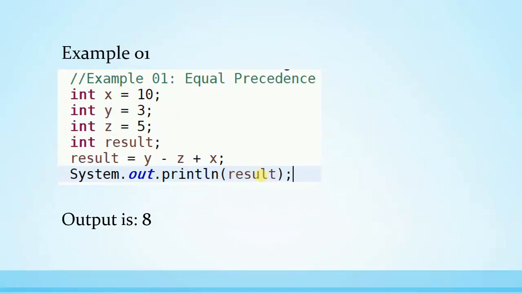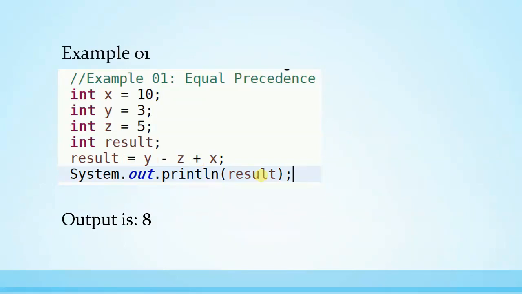Then we have a variable declared but not initialized, which is a result. Here you see result equal to y minus z plus x. This involves 3 operators. The first operator is minus, the next one is plus, and equality.